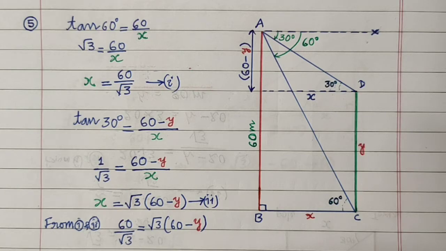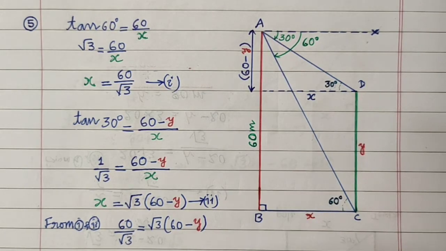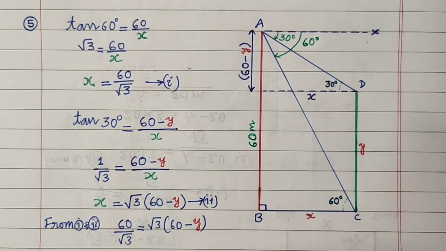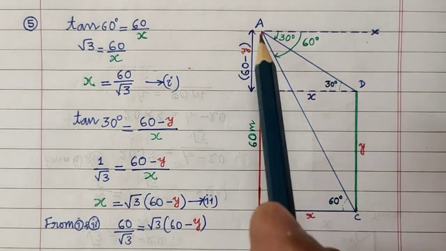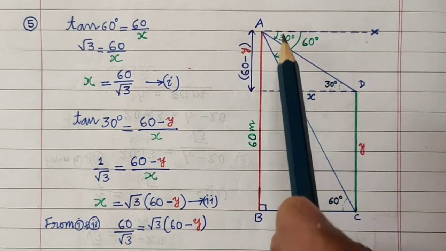This is the building AB. This is the lamp post CD. From the top of the building, there are two angles of depression.